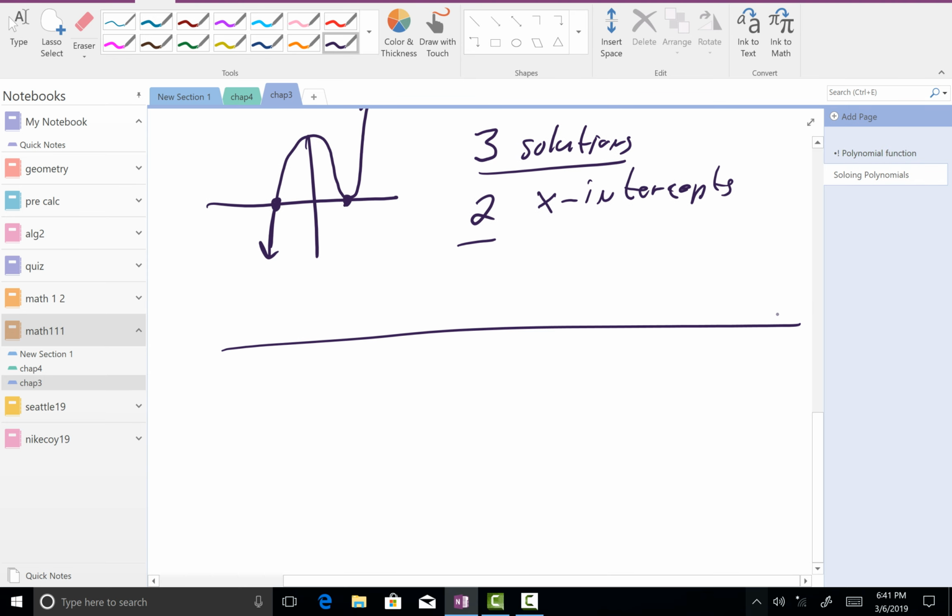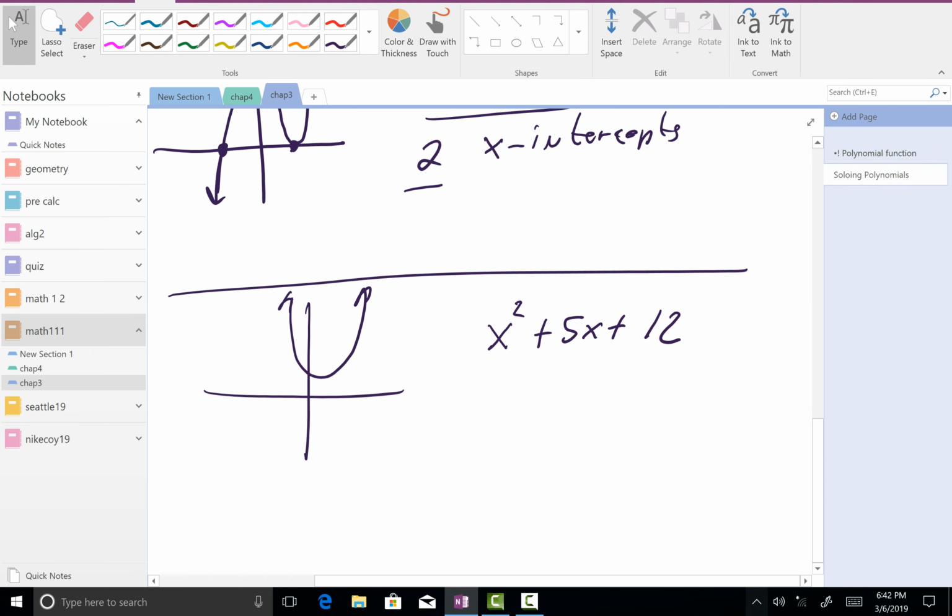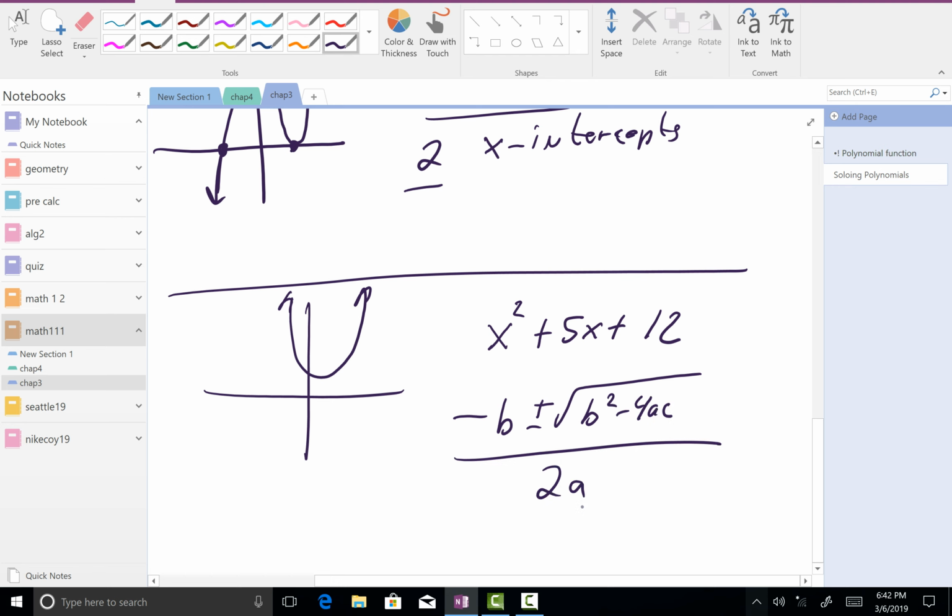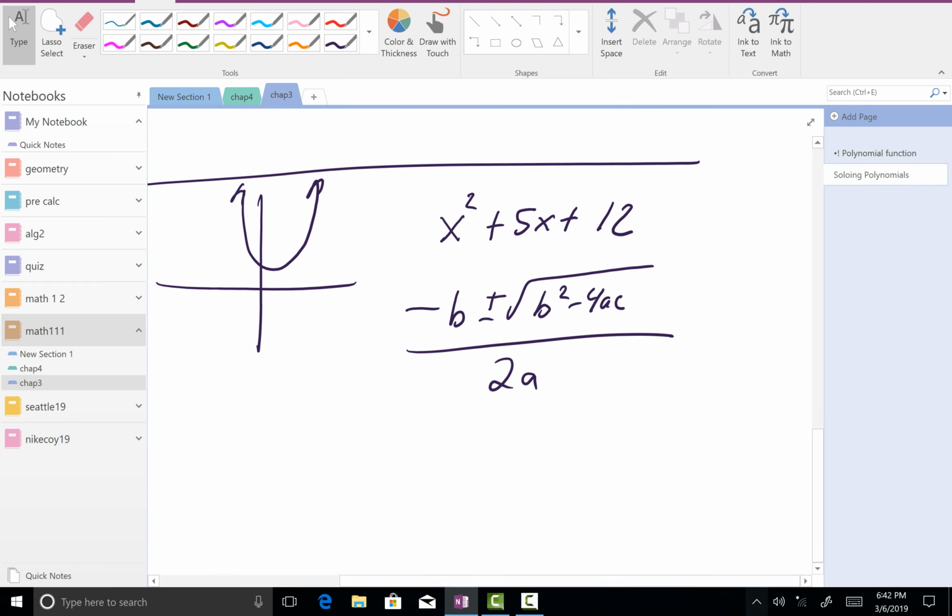So if we had a quadratic that looked like this, that all of us know how to solve by using the quadratic formula. So if we had a quadratic and we wanted to solve it, and it looked like that graphically, didn't have any x-intercepts, we know that it has to have imaginary solutions. And I start putting my numbers in here.